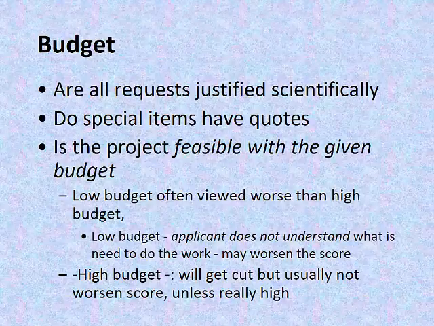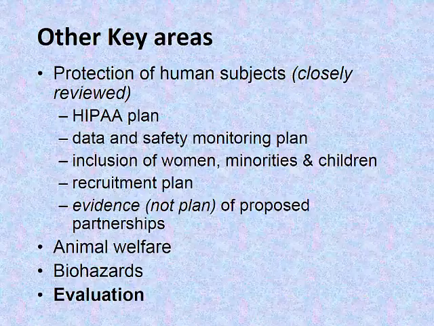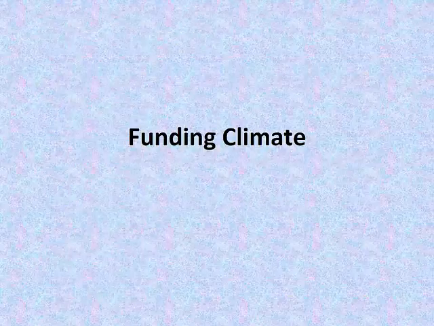Special items have to have quotes. Obviously your research budget is tiny on a K award, so this stuff is more important for other awards. Other key areas, and again, don't skip these. They're required elements. If you don't have these and you need to have them, depending on your proposal, it won't get sent to study section even to be read, okay?